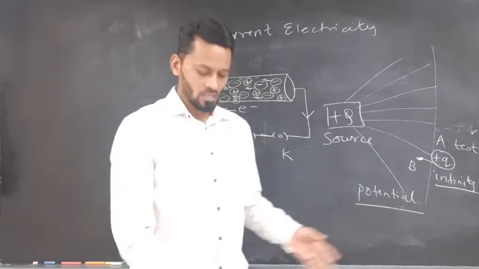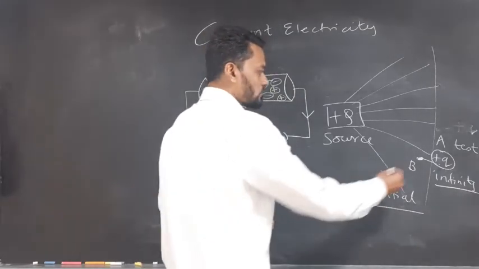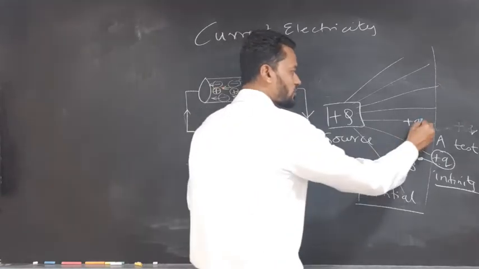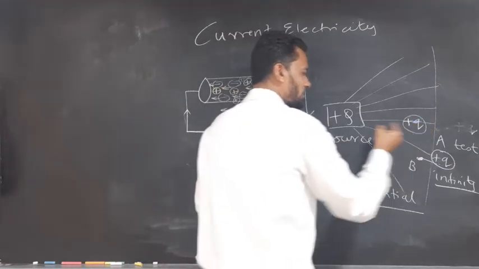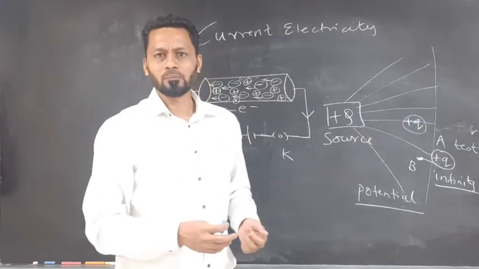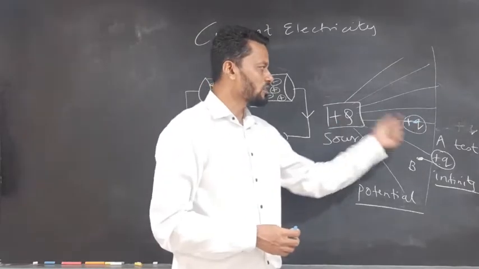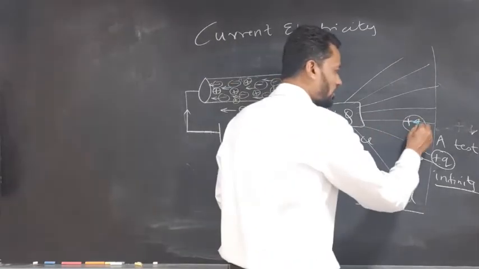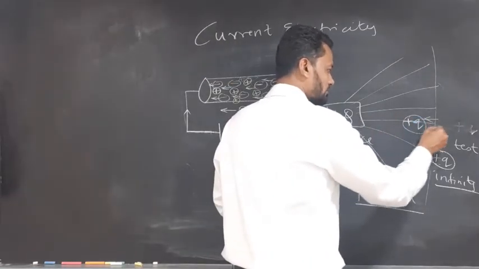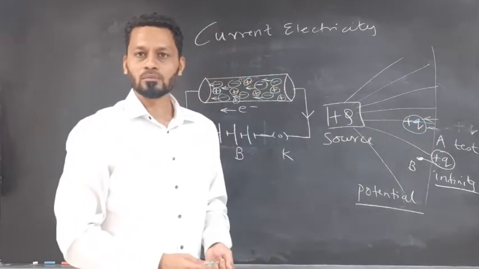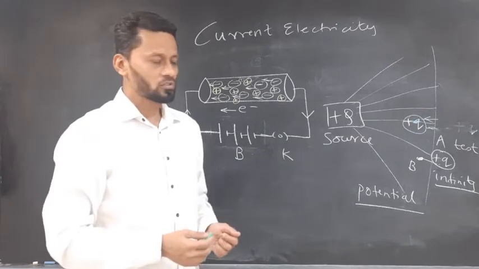potential. Now, if the same charge is inside the field, there will obviously be a force of repulsion between them, because this is plus Q and this is also plus Q. So we will be doing some work to bring it closer to the source charge against the force of repulsion.